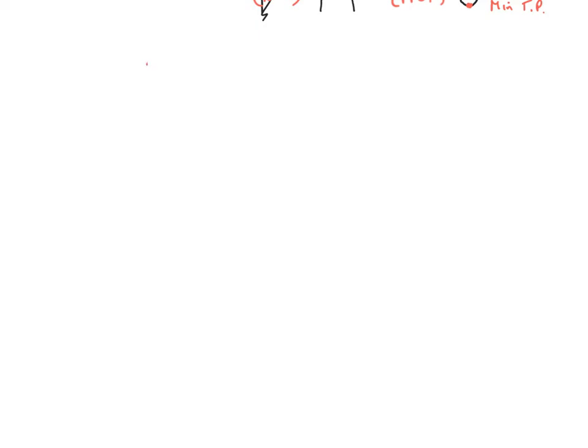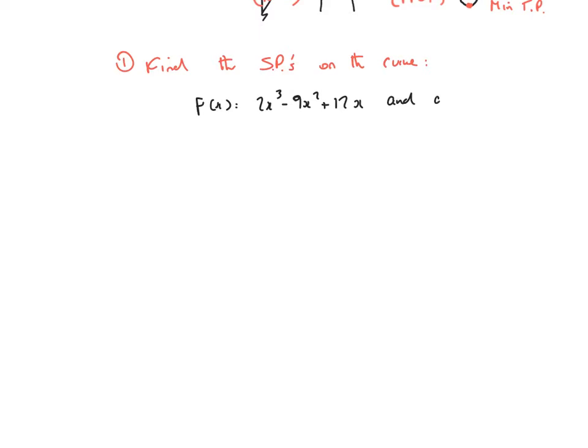Okay, so let's get right into it. We're going to try an example. We're going to find the stationary points, so we can put that down as SP for short, on the curve f of x equals 2x cubed minus 9x squared plus 12x, and I'm also going to determine their nature.